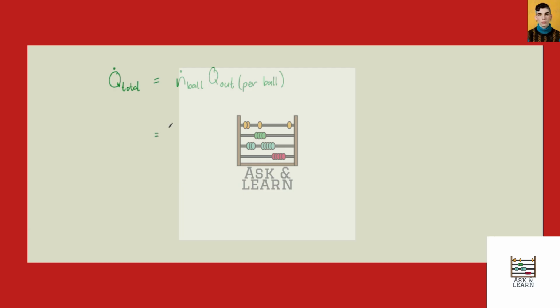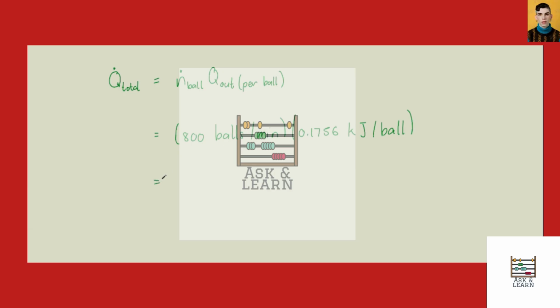So this is equal to the number of balls leaving the oven, which is 800 per minute, multiplied by the energy transfer from one ball, which is 0.1756 kilojoules for every ball.